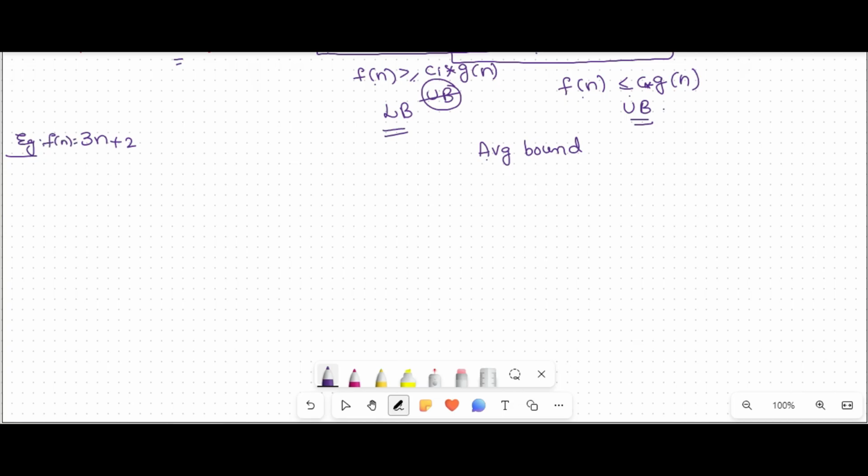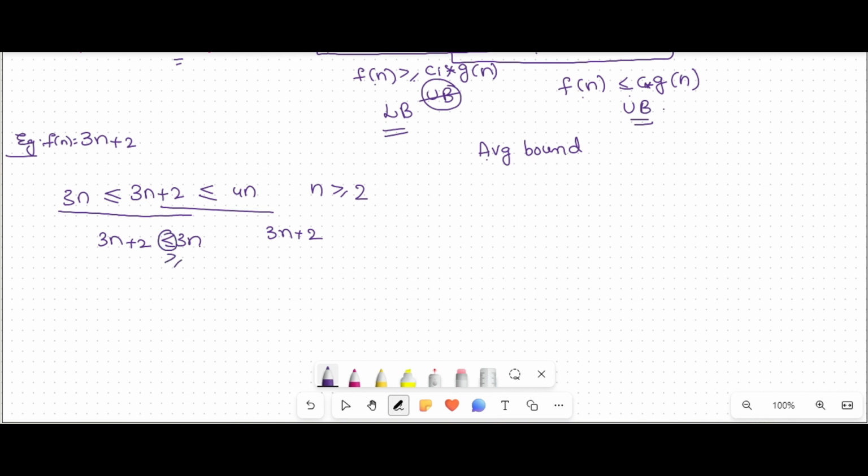For this, you can write that 3n plus 2 is greater than or equal to 3n, and 3n plus 2 is less than or equal to 4n, for the values of n greater than or equal to 2.